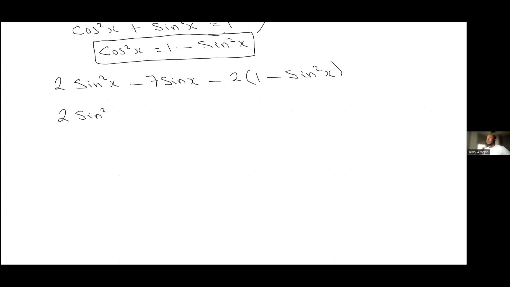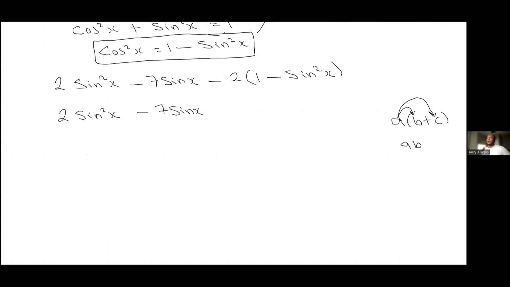minus 7 sine x. So remember, in basic algebra, I told you that when you have a times b plus c, you will use a multiplied by b to give you ab, and a multiplied by c will give you ac. That is the basic thing we're also doing here.